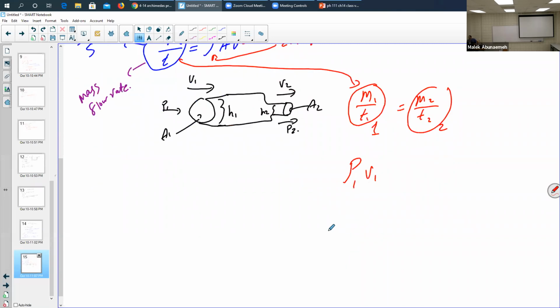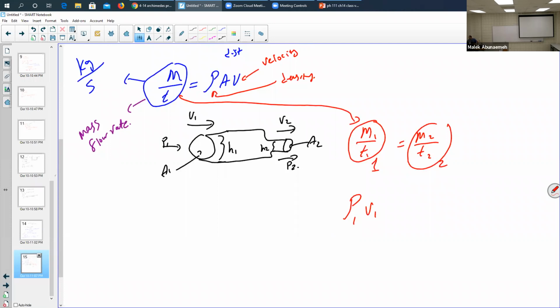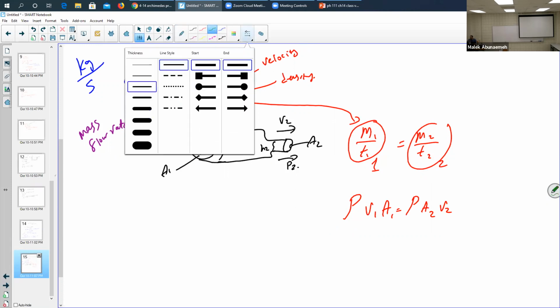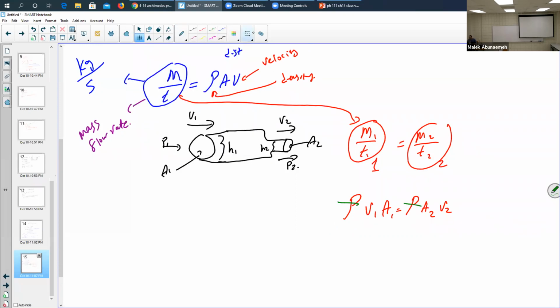So your rho multiplied by your V multiplied by your area, A1, is going to equal rho A2 V2. Now it's the same mass, so it's going to have to be the same rho. That means these two go away, which means your A1 V1 is going to equal A2 V2.